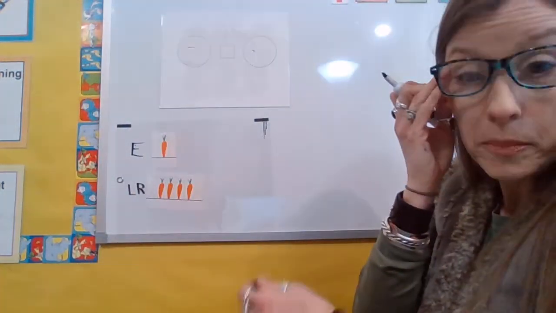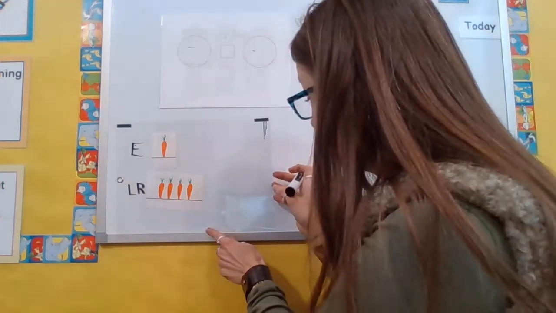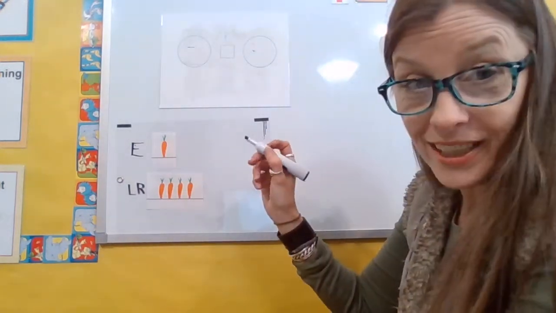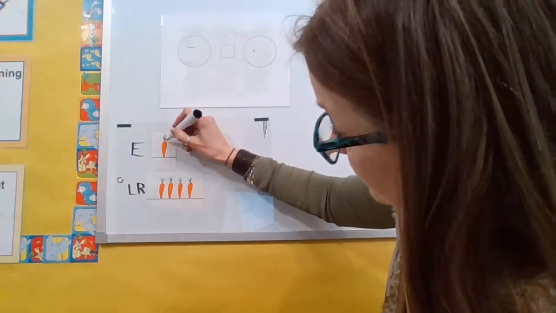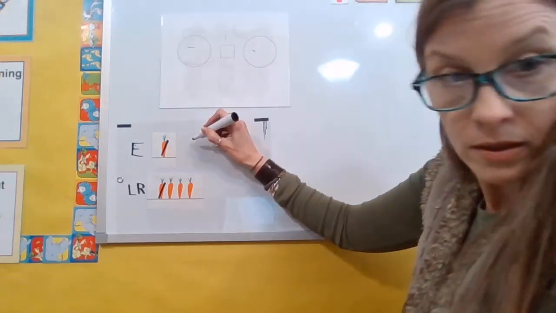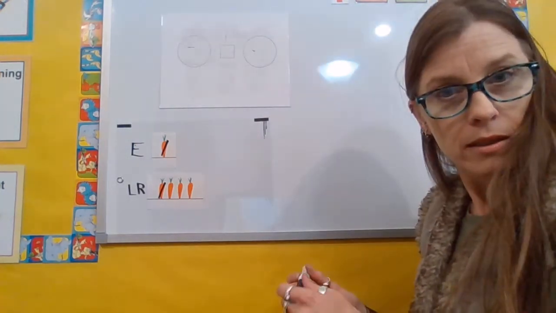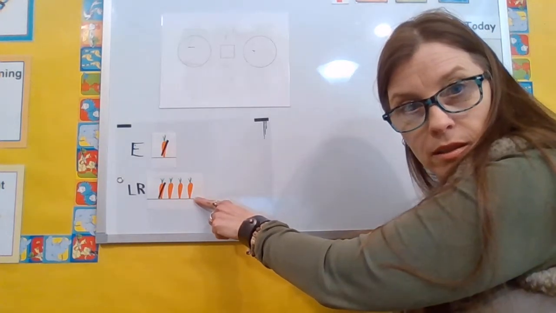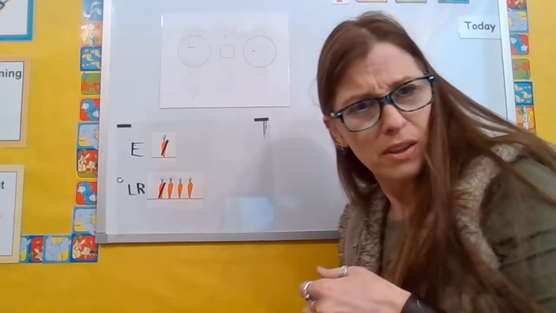All right, are you ready to compare? How do we compare? That's right, we need to cross out. So let's get ready. Here we go. Ready? Start at the top, top, bottom. Wait a minute. Look at that. Little rabbit has some carrots left over.